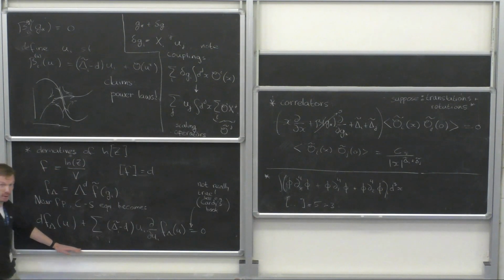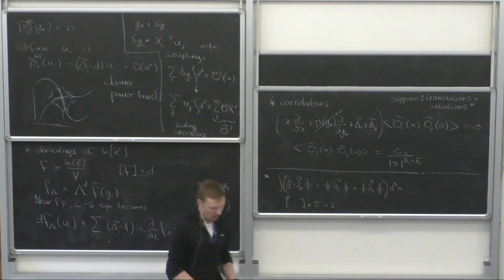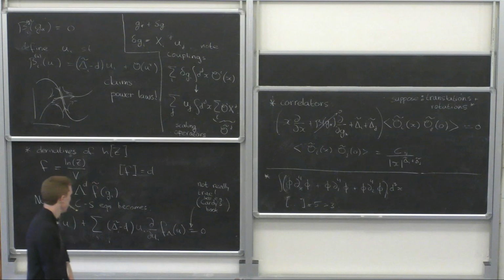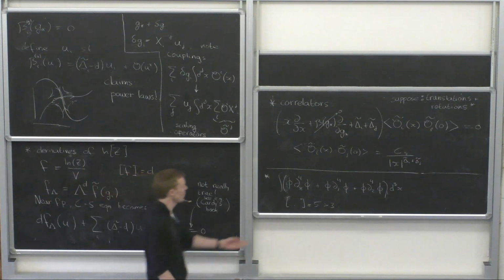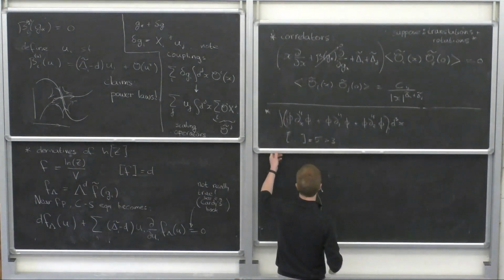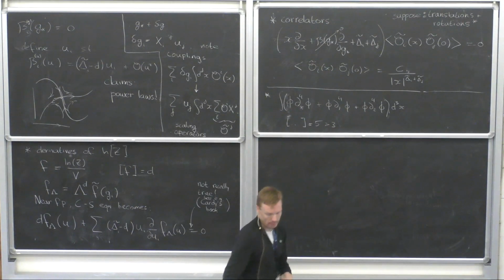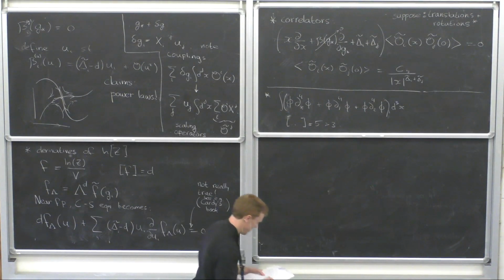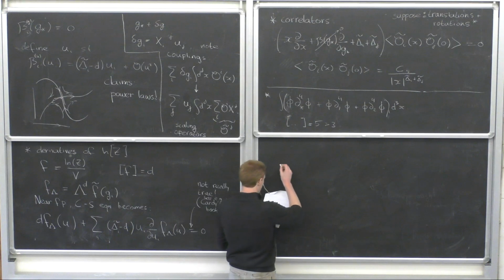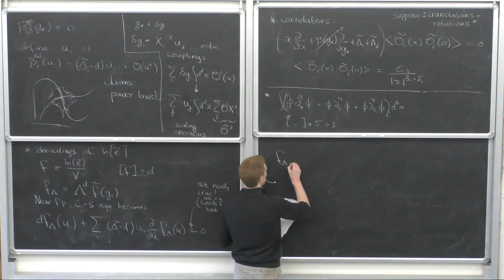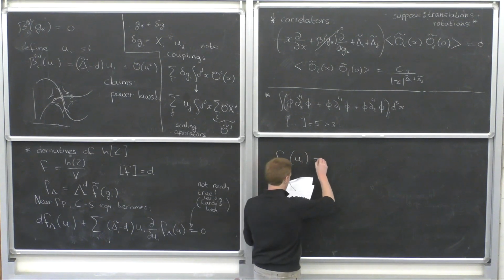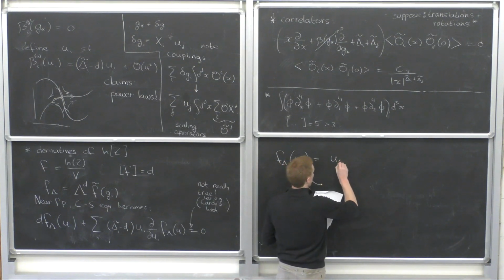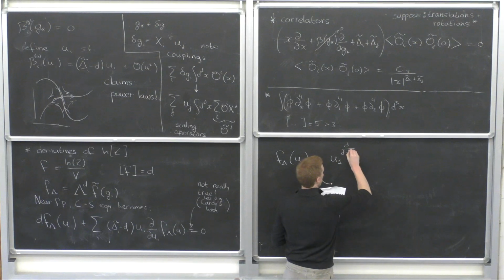This is the main driving force for the scaling behavior of the free energy. Because you can try to solve this equation again, and I'll leave this as a first year calculus exercise. You'll find that f_lambda of these u_i's is just u1 to some power d over d minus delta 1.